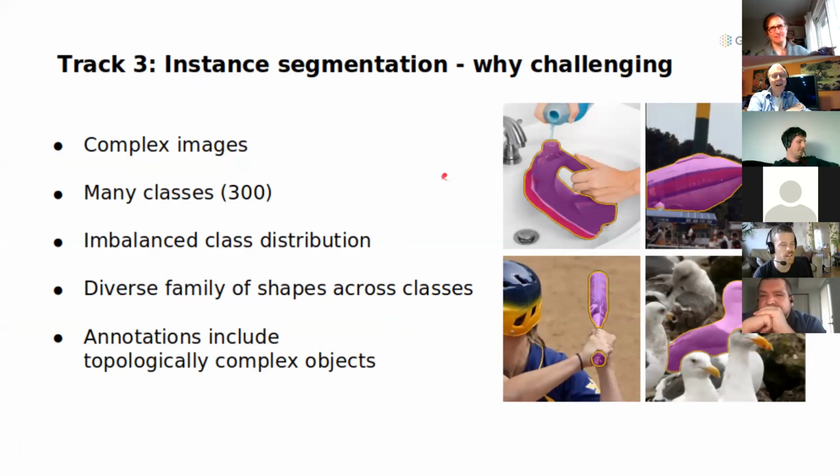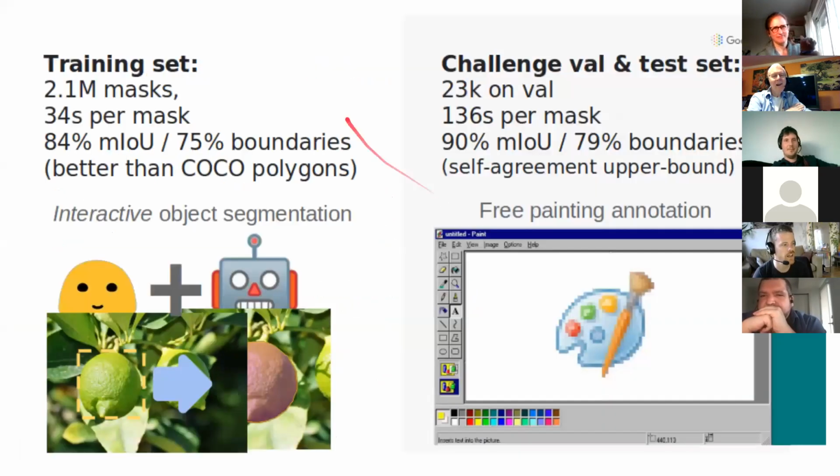So it's interesting. In terms of how they labeled them, and this gets to Bruce's question about quality, they actually labeled it at 2 speeds with 2 methods. So for the training set, to create these 2.1 million masks, about half a minute was how long somebody spent manually labeling it.